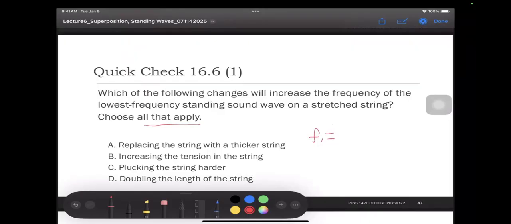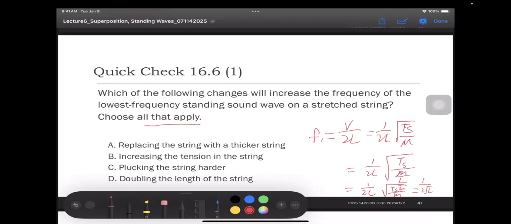The fundamental frequency is f equals v divided by 2L, which equals 1 over 2L times the square root of tension divided by linear density. The linear density is M divided by L, so the L cancels here, and it becomes 1 over 2 times the square root of T over M. Am I right?